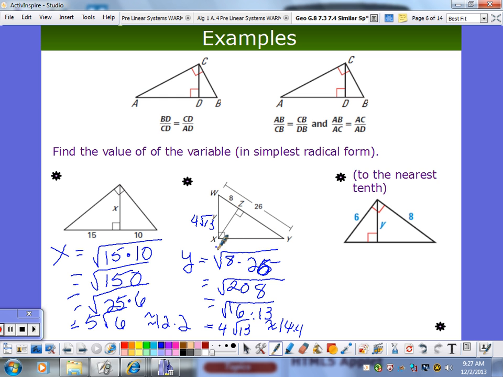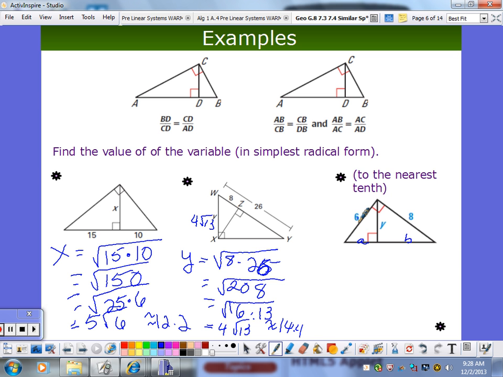Okay, cool. Now, what am I going to do with this one? To find y, is y the geometric mean of 6 and 8? Think about what the theorem states. What is y the geometric mean of? This little piece here I'll call A, and this little piece here B, but I don't know what they are. What do I know?